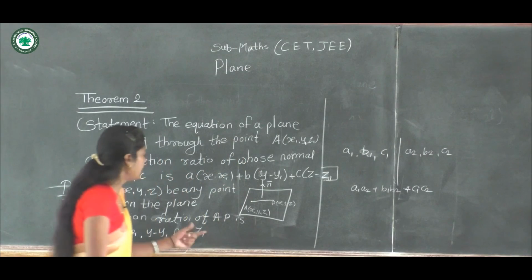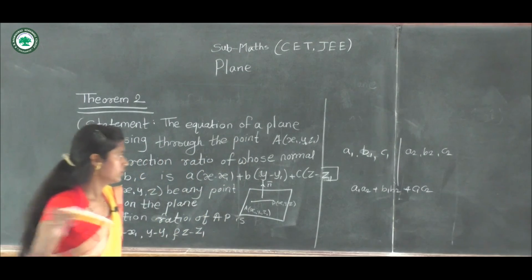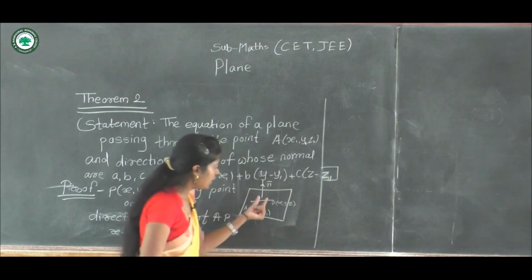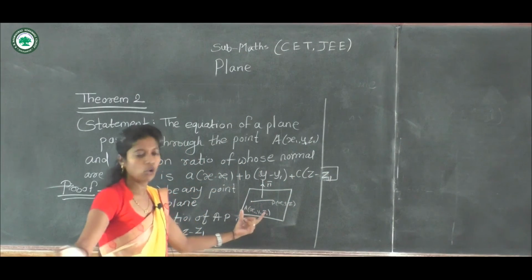Similarly, normal n bar is perpendicular to AP.